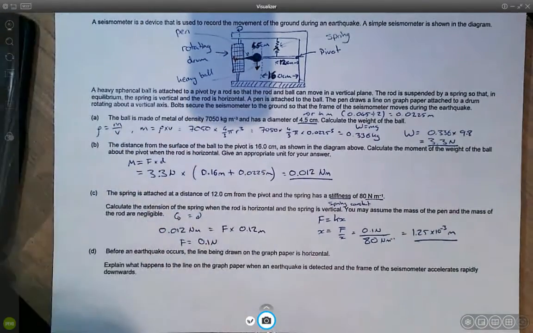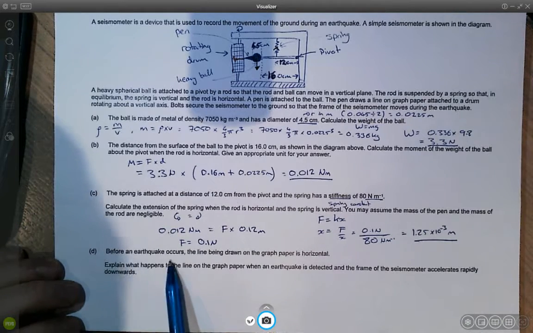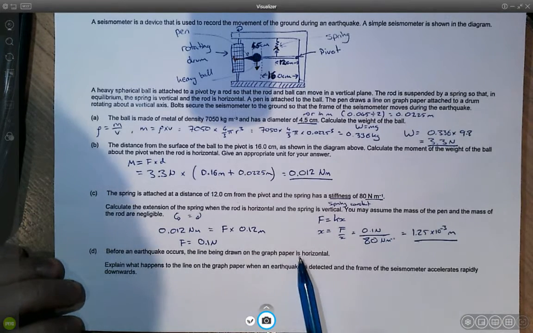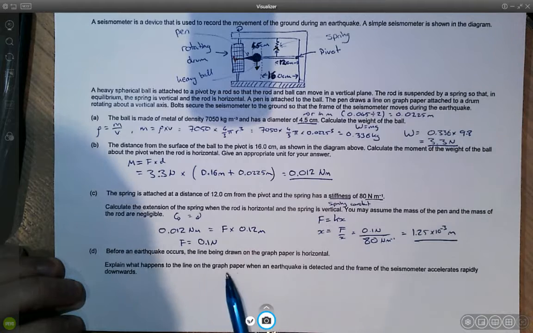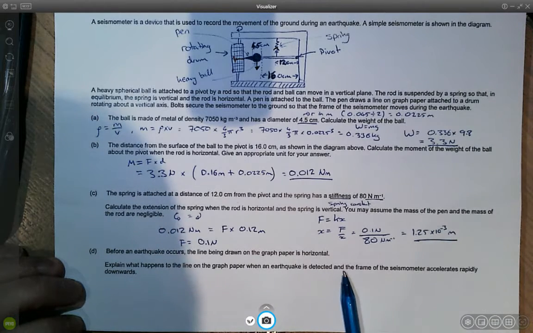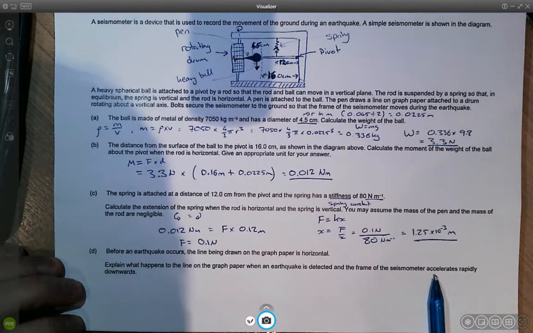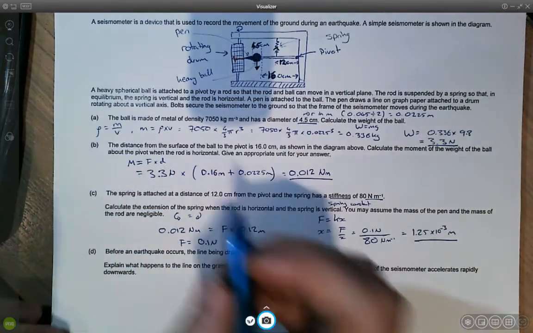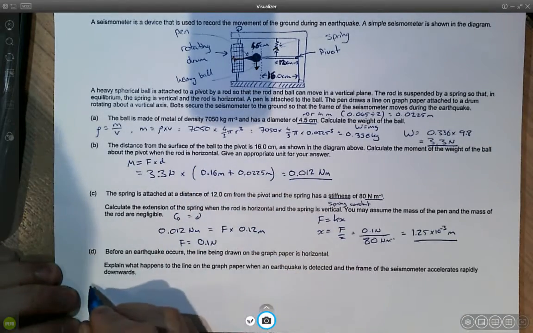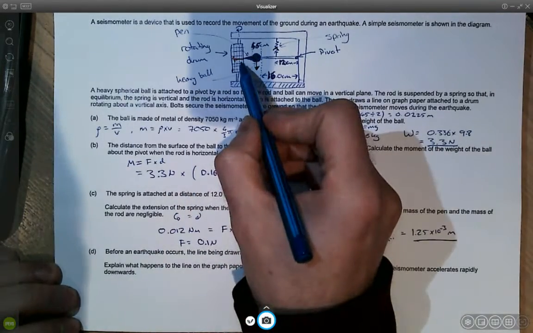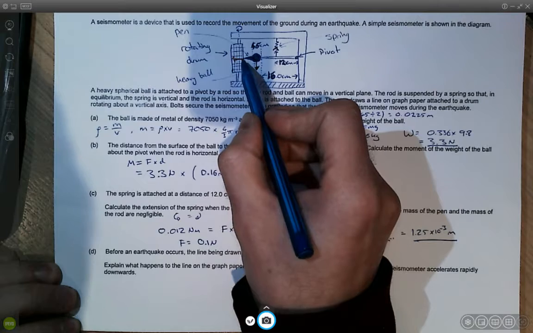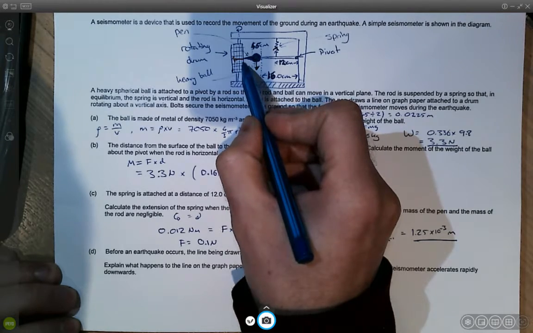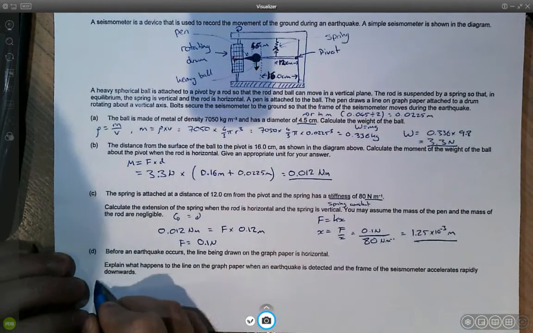Finally, part D. Before an earthquake occurs, the line being drawn on the graph is horizontal. Explain what happens to the line on the graph paper when an earthquake is detected and the frame of the seismometer accelerates rapidly downwards. So the frame moves downwards. Which way is the line going to go? You might instinctively think the line goes down, but that is not the case. So why is that?